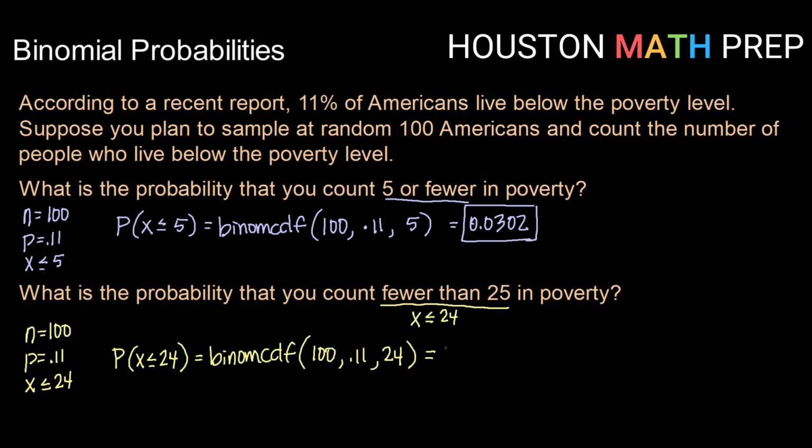Putting that in and hitting enter, we get 0.9999. So almost 1, right? Almost. And that is our probability of counting fewer than 25 in poverty.